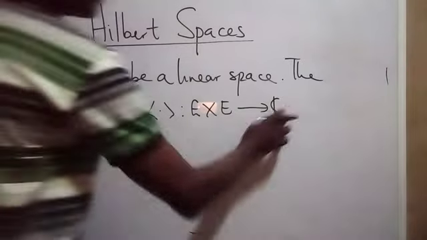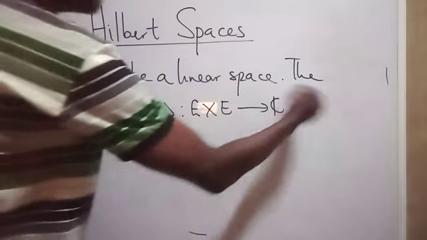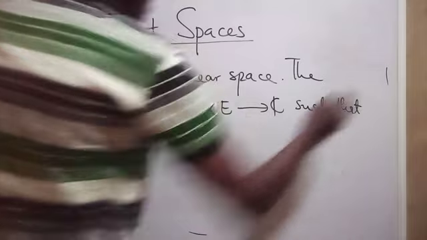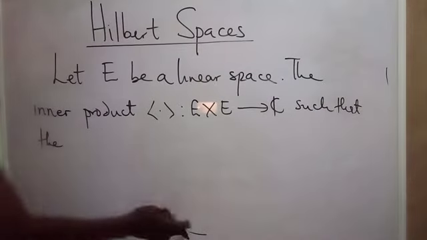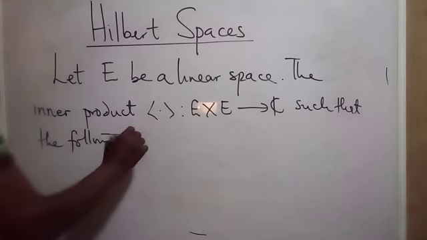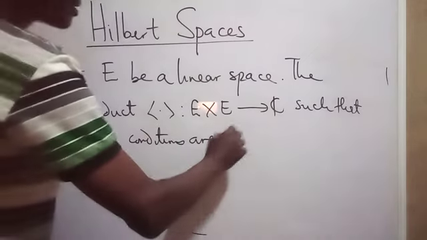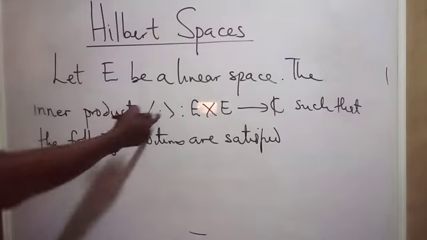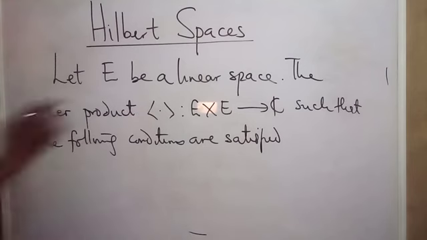Okay, such that the inner product is, or we can say the map such that the following conditions are satisfied. So that is, this particular map is called what? The inner product.